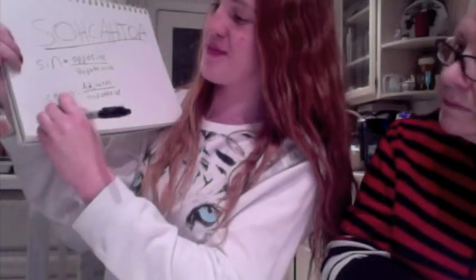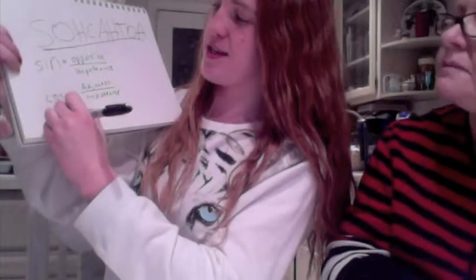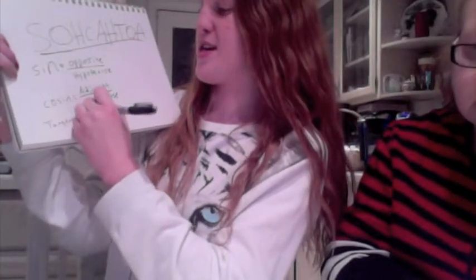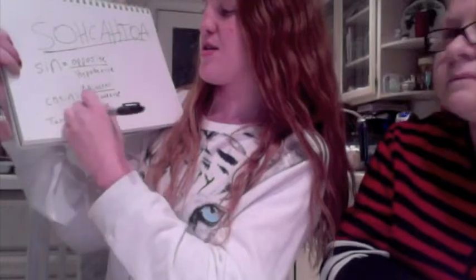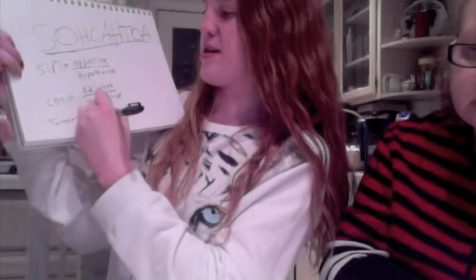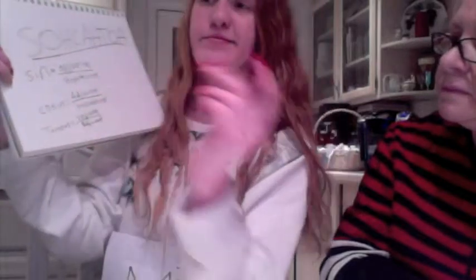And then the TOA stands for tangent, which is opposite over adjacent. Okay, I got that? Got you so far. Okay, so I'm going to show you how you find sine, cosine, and tangent in a triangle.